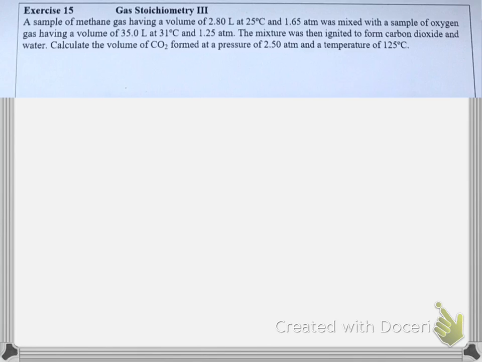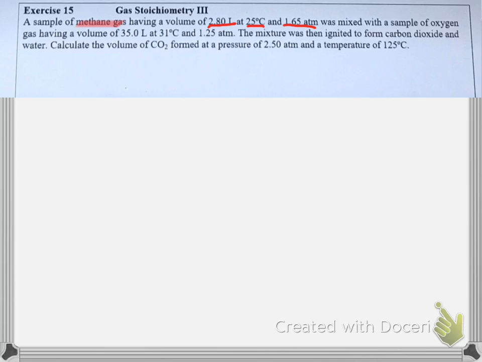So we need to figure out what is going on in this question. We start with methane gas, and we know the volume, temperature, and pressure of the methane gas, so we can figure out the moles of methane gas.